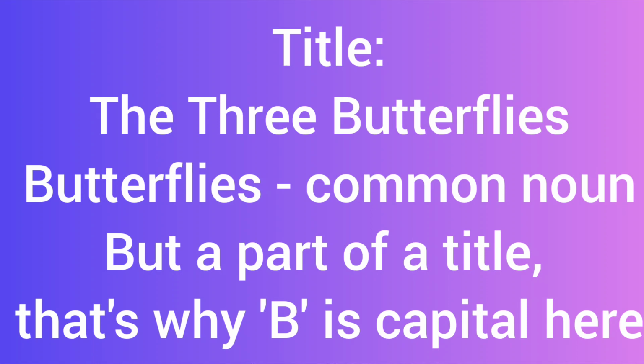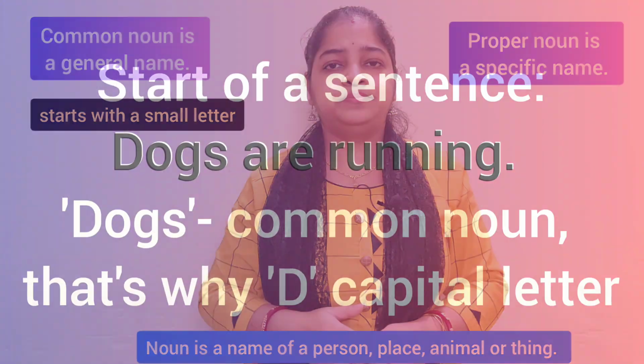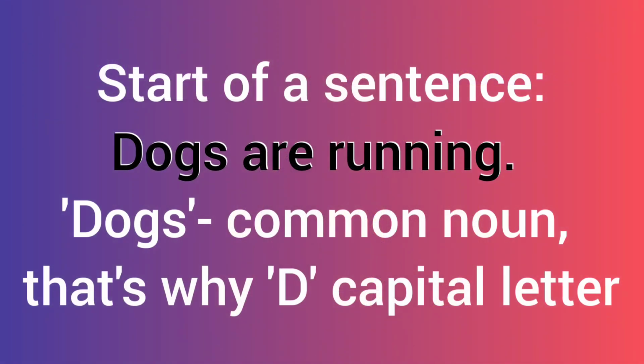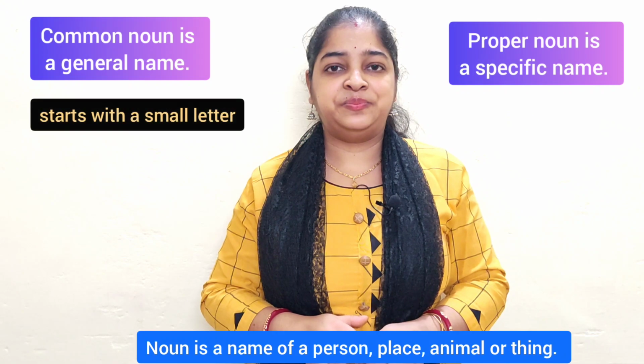Here butterflies is a common noun, but it is part of a title. That's why B is a capital letter. Dogs are running. Dogs is a common noun, but it is at the beginning of a sentence. That's why D is a capital letter.